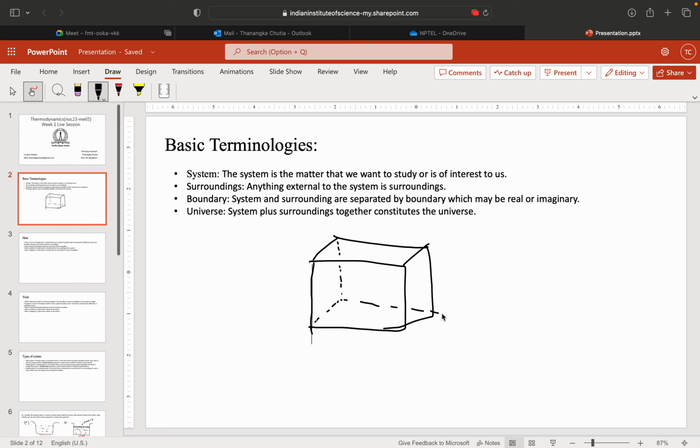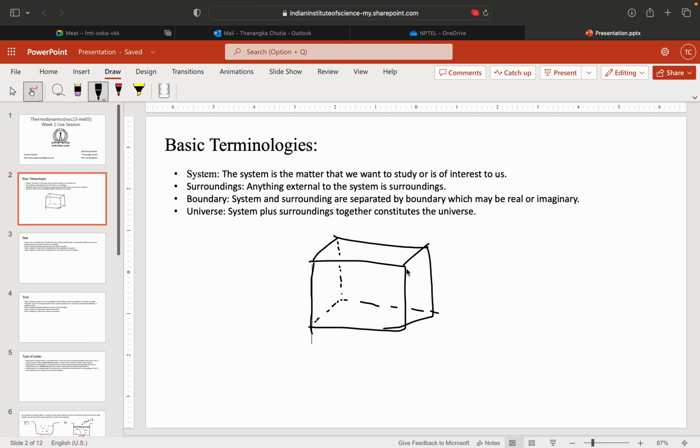It may be any arbitrary matter. And if we want to study the change in temperature or whatever parameter of this matter contained within this box, then this box will be our system, and whatever is external to this box will be our surroundings.